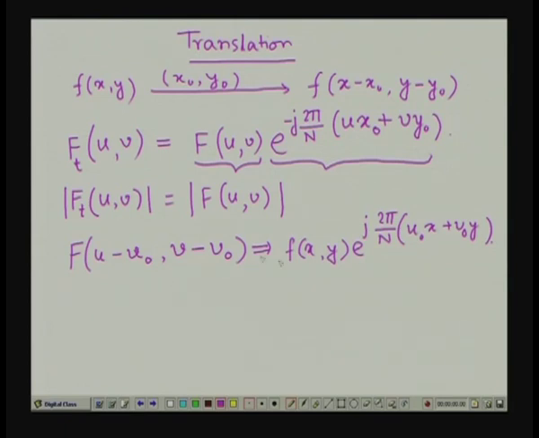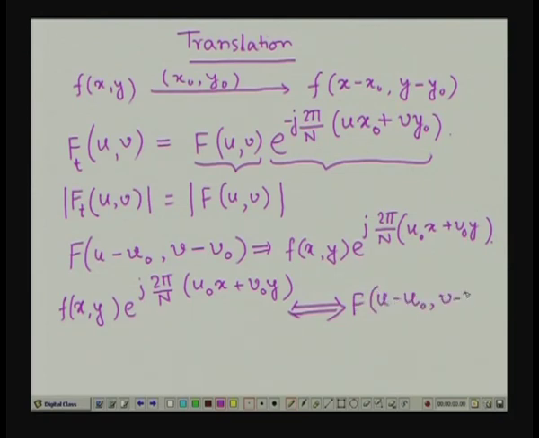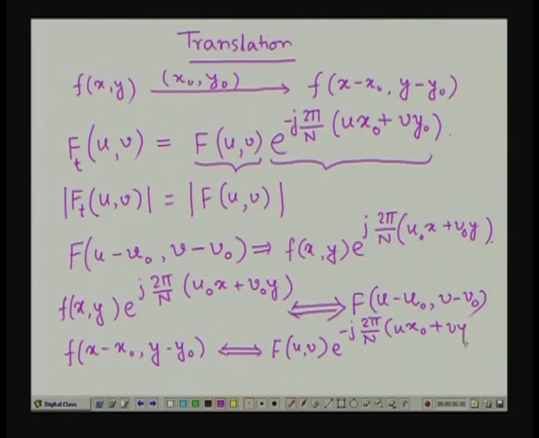So, under this translation property, now the DFT pair becomes, if we have f(x,y) e to the power j 2 pi by capital N (u naught x plus v naught y), the corresponding Fourier transformation of this is F(u minus u naught, v minus v naught), and if we have the translated image f(x minus x naught, y minus y naught), the corresponding Fourier transformation will be F(u,v) e to the power minus j 2 pi by N (u x naught plus v y naught).